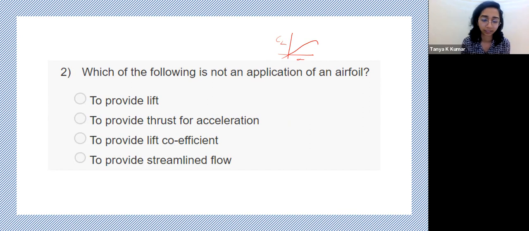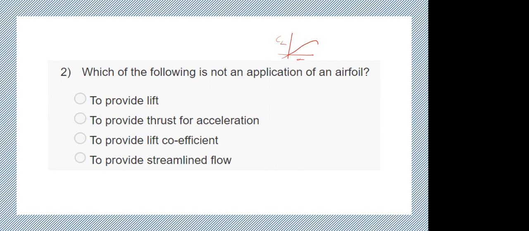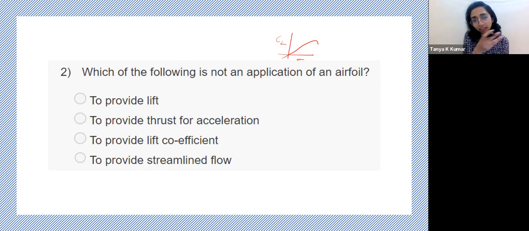Engine. Does the airfoil ensure streamlined flow? Yes, it does. What is streamlined flow? When the flow flows in laminar, in parallel lines, when there is no interaction between the different layers of the fluid, laminar streamlined flow. So the airfoil ensures all the others except for thrust. So this is the right answer: does not provide thrust for acceleration.